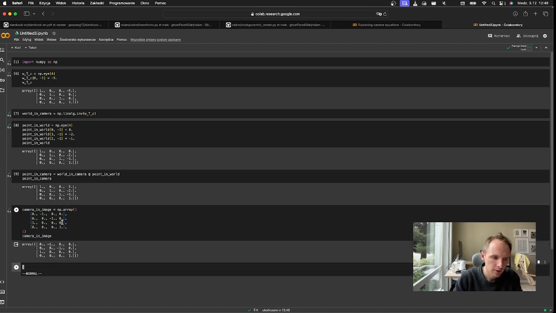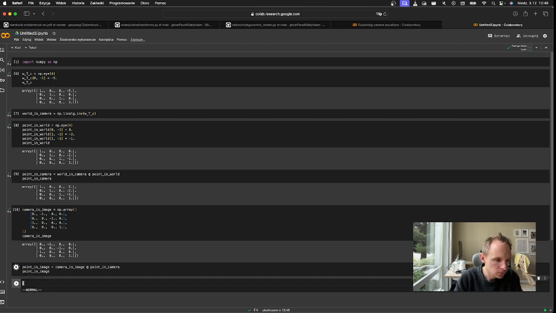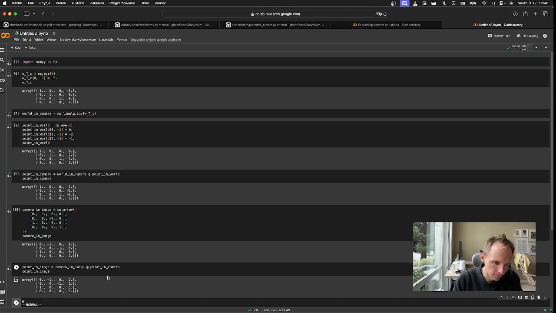Then we can say point in image equals camera in image times point in camera. Awesome. So now let's think if this is what we would expect. 2, 1, 5.